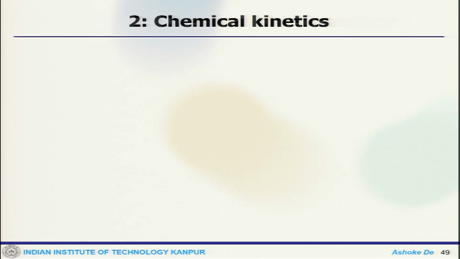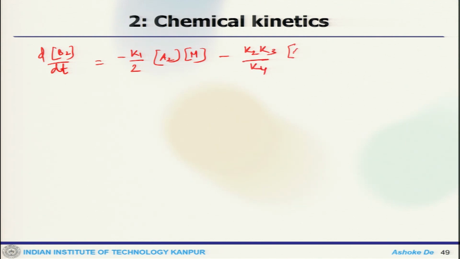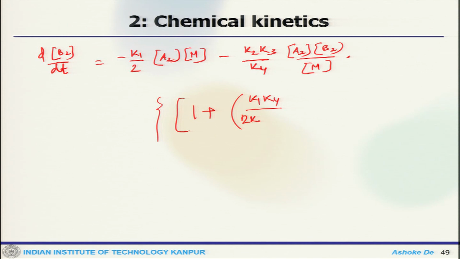Now if we consider the simplest of the three, that means dB2/dt, which is nothing but K1/2 A2 M minus K2 K3/K4 A2 B2/M into 1 plus K1 K4 over 2 K2 K3 by B2.